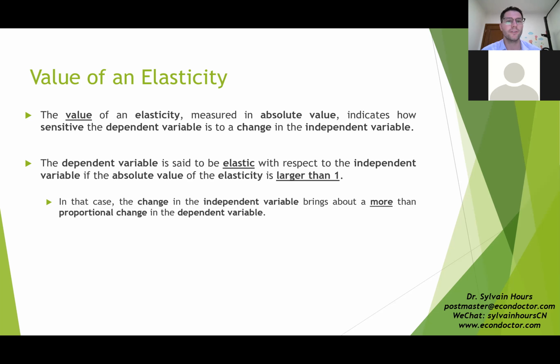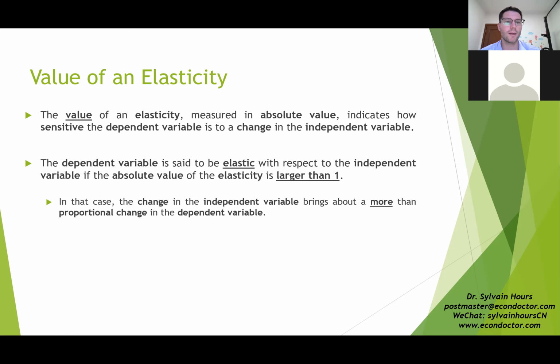So the dependent variable is very responsive to changes in the independent variable. In particular, if you change the independent variable by, let's say, 10%, the dependent variable will change by more than 10%. So there is a more than proportional change in the dependent variable.